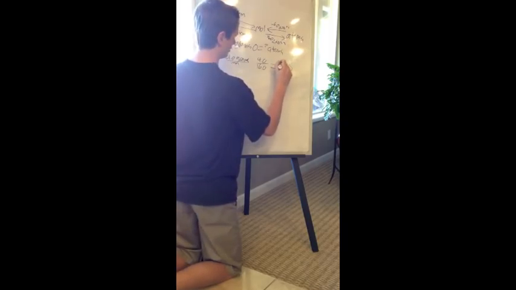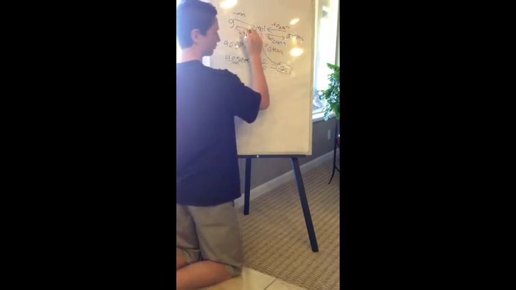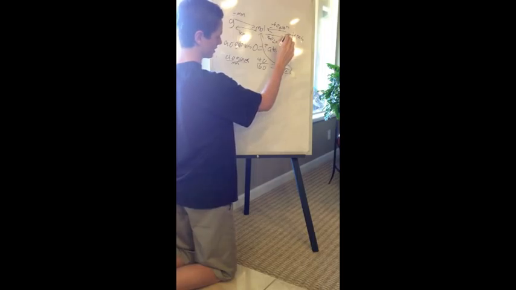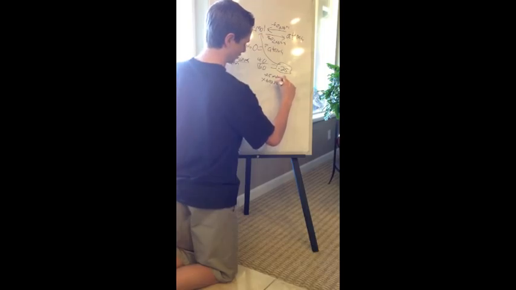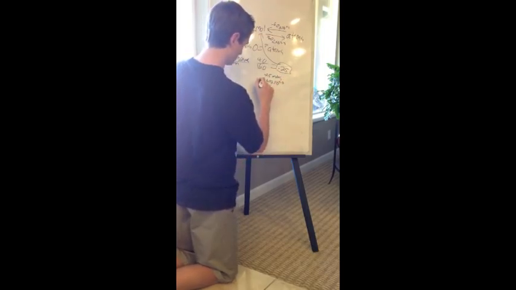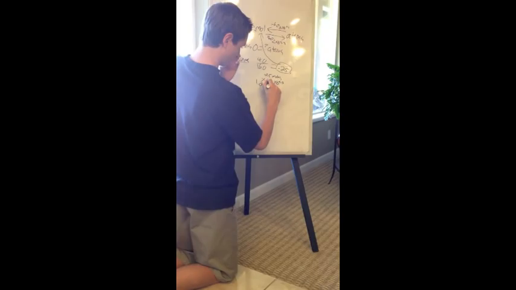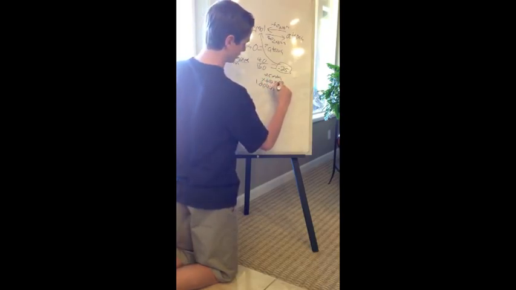That gives you moles. In order to get over here, you have to keep following the steps. 0.25 moles times 6.02 times 10 to the 23rd, which equals 1.204 times 10 to the 24.